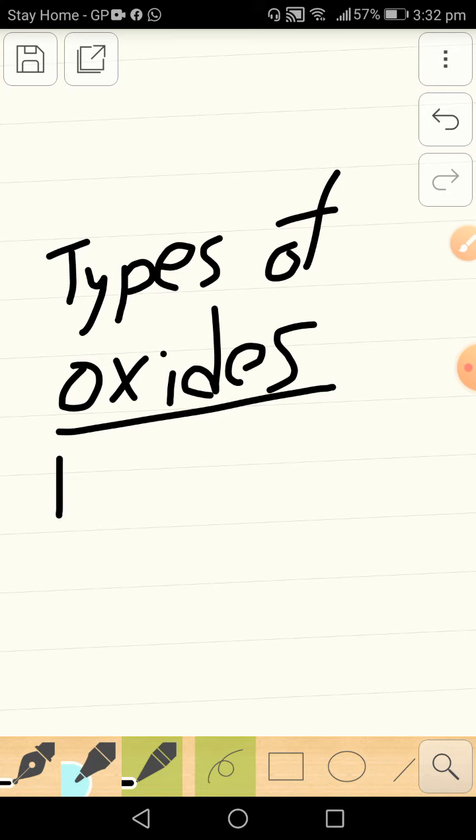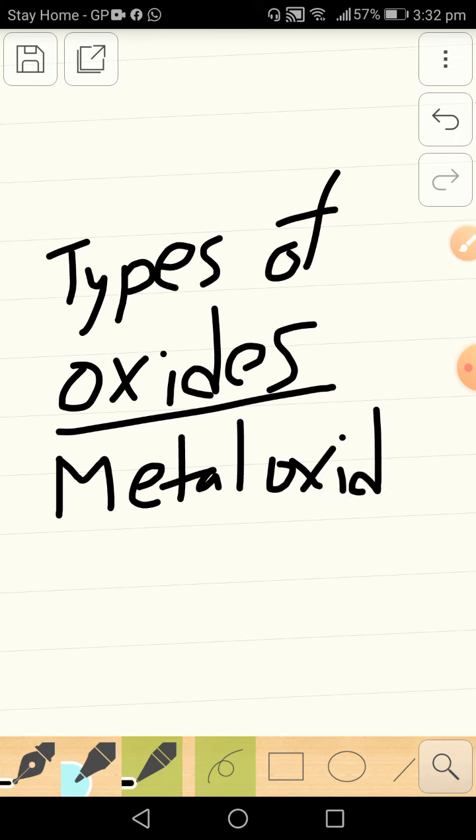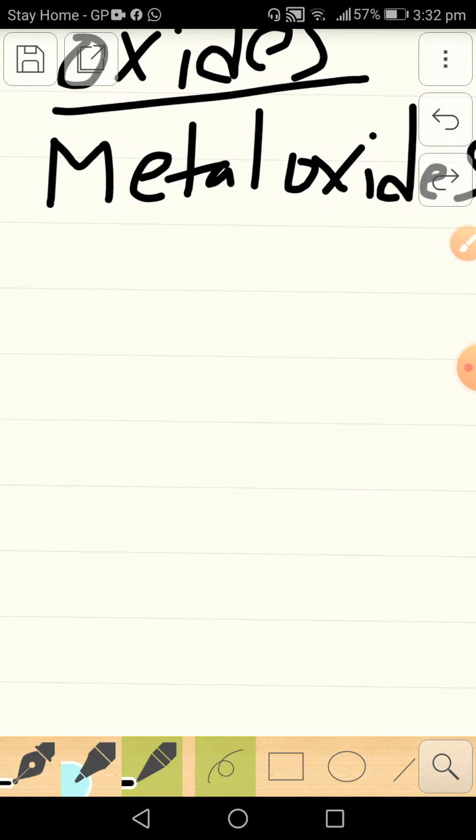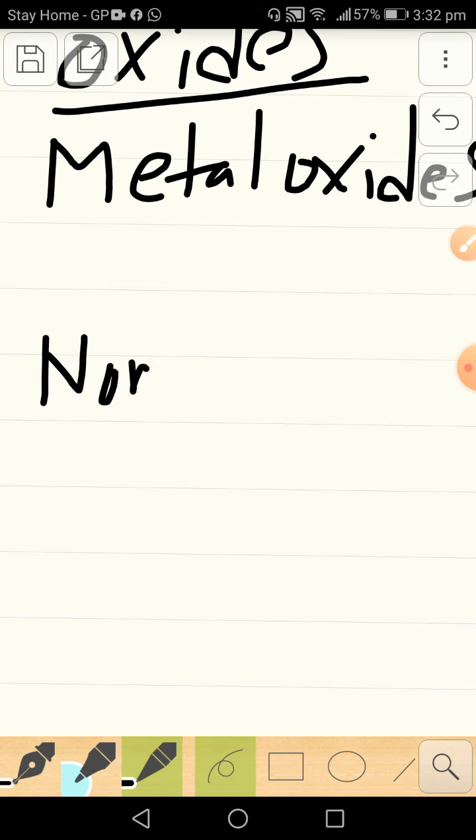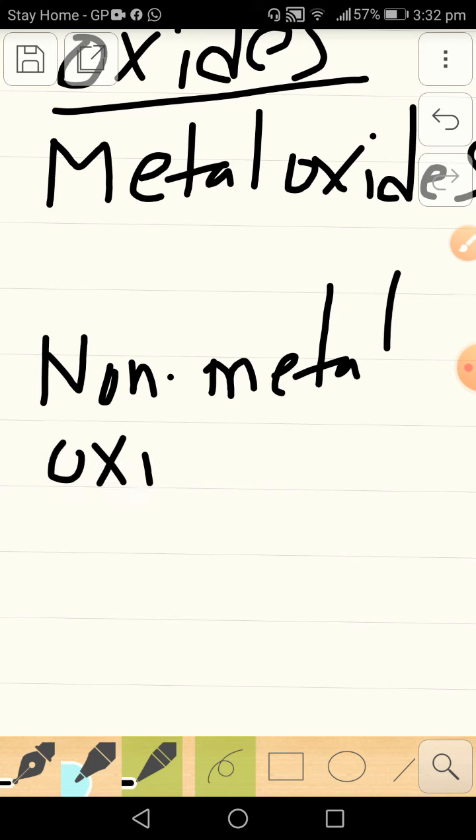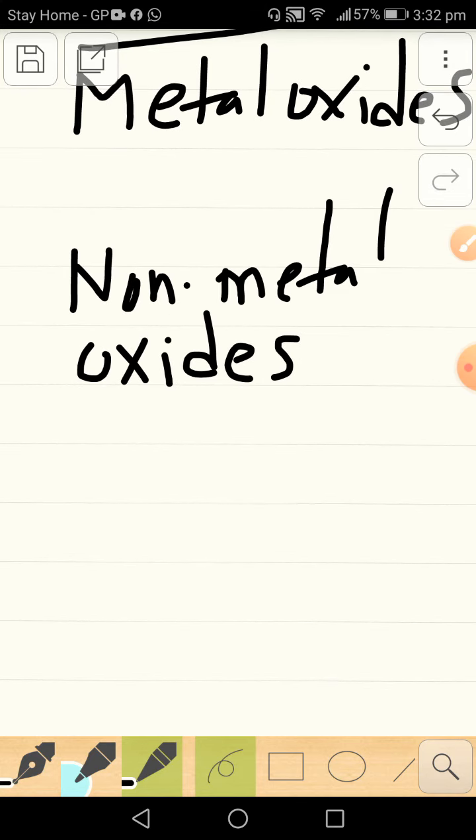We have metal oxides, and we have non-metal oxides. Okay, so we have these two types of oxides, the metal oxides and the non-metal oxides.